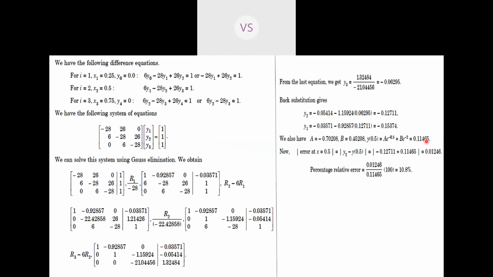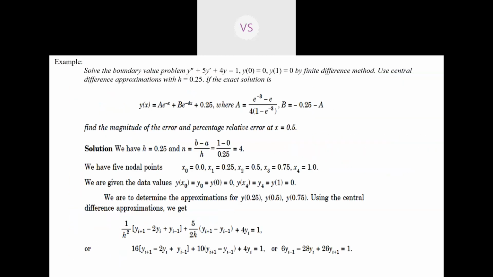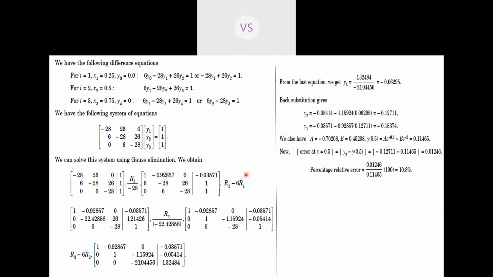Now, we have to find the error at x is equal to 0.5. So x2 is 0.5, so we have found out y2. The y2 that we have got is minus 0.12711.